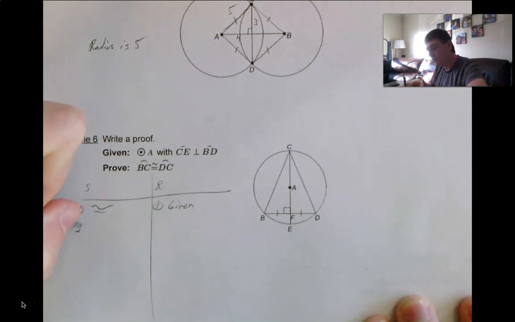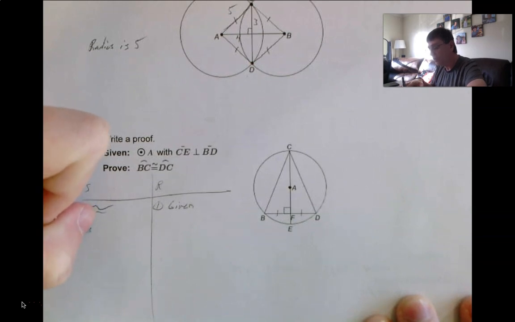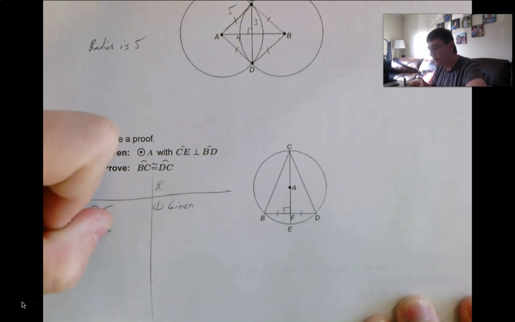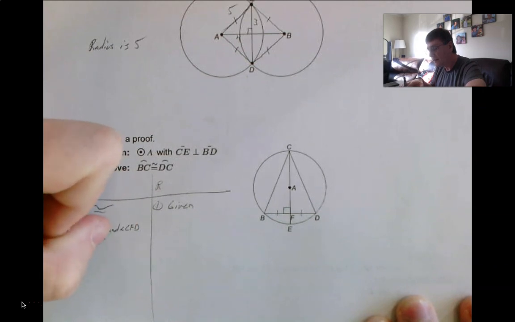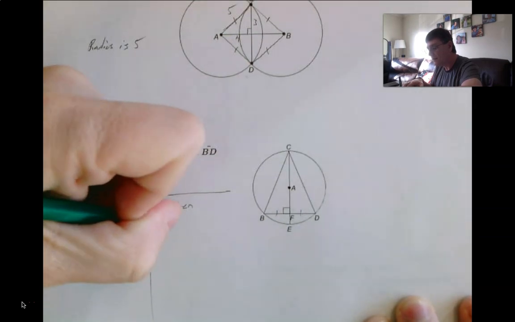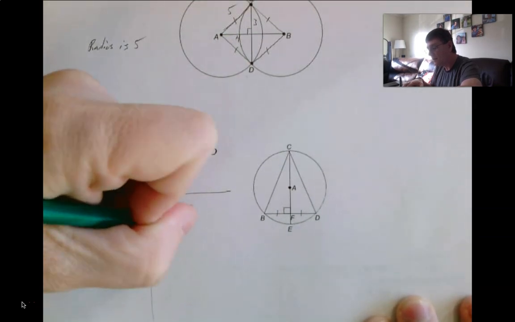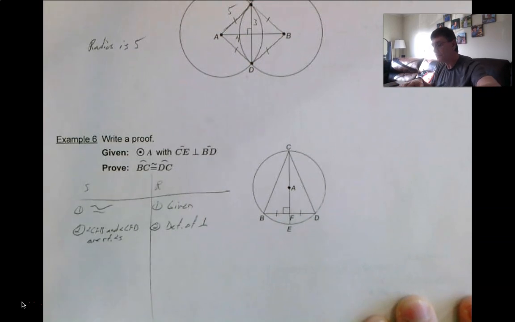So statement 2, let's say angle CFB and angle CFD are right angles. Definition of perpendicular.